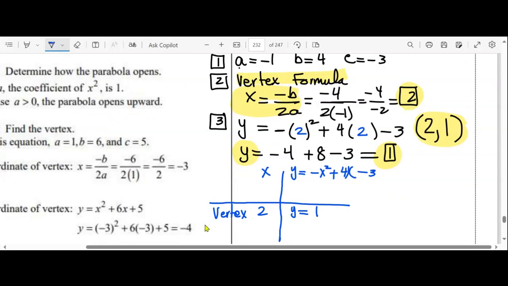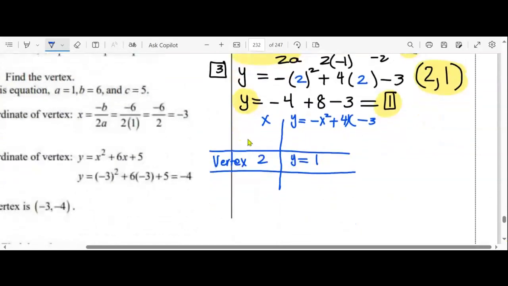So I need a point before and a point after. Can you give me one point before and one point after? What value should I use in the top here? More than 2. What value? Is 3 okay? Yes. And before 2, can I use negative 1?